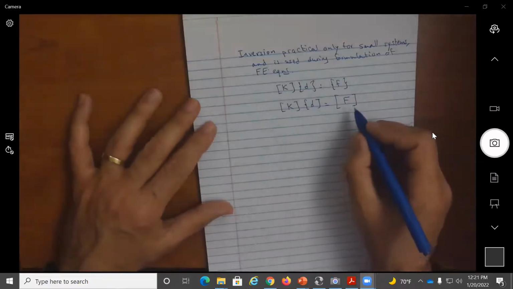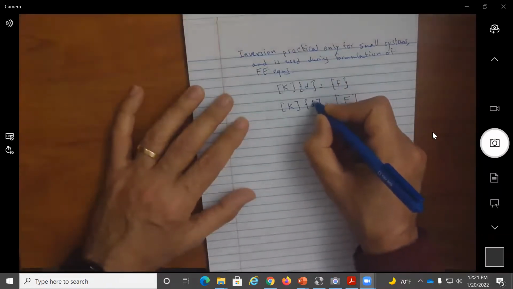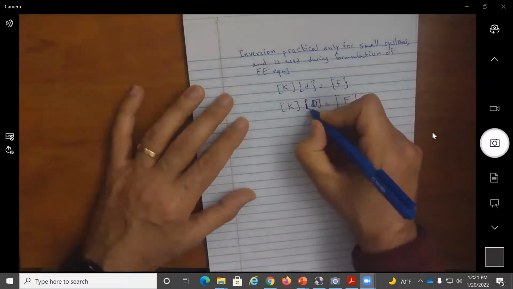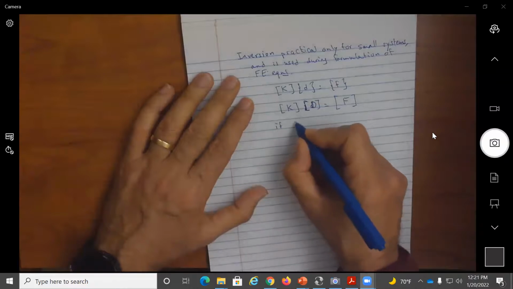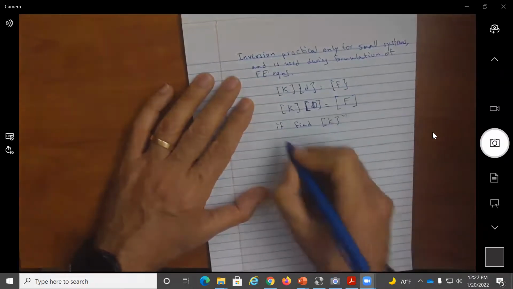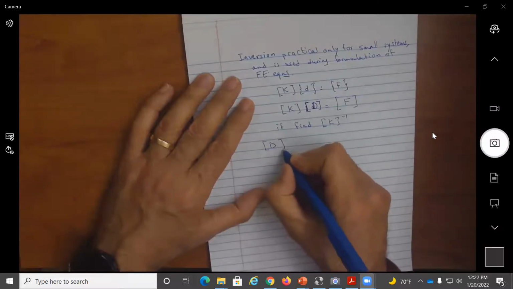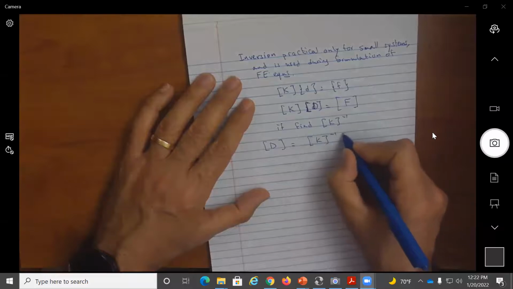Then D will now become a matrix like this. So if I can find the inverse of K, then we can solve for D for the multiple cases of loading directly.